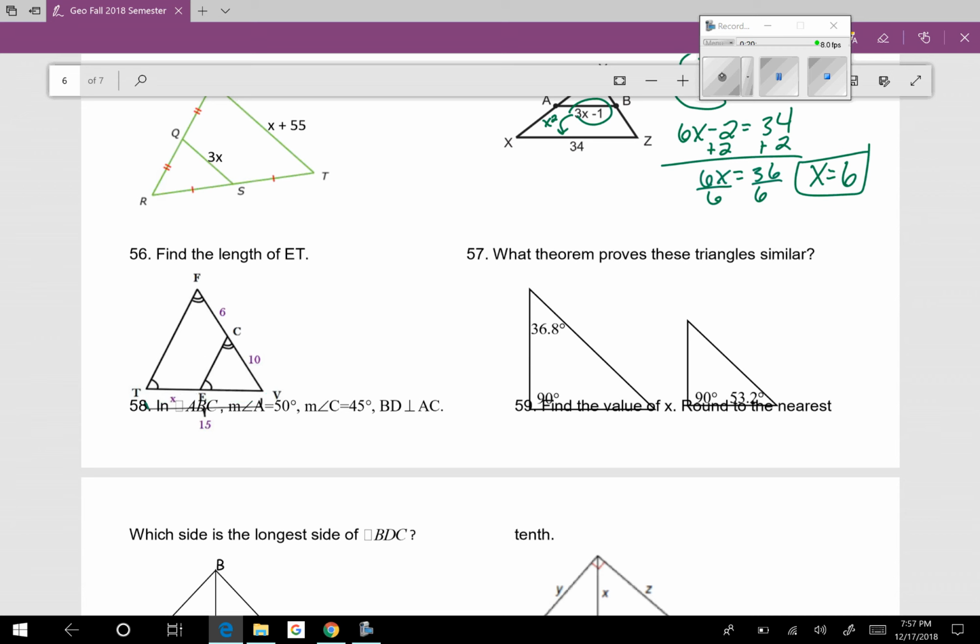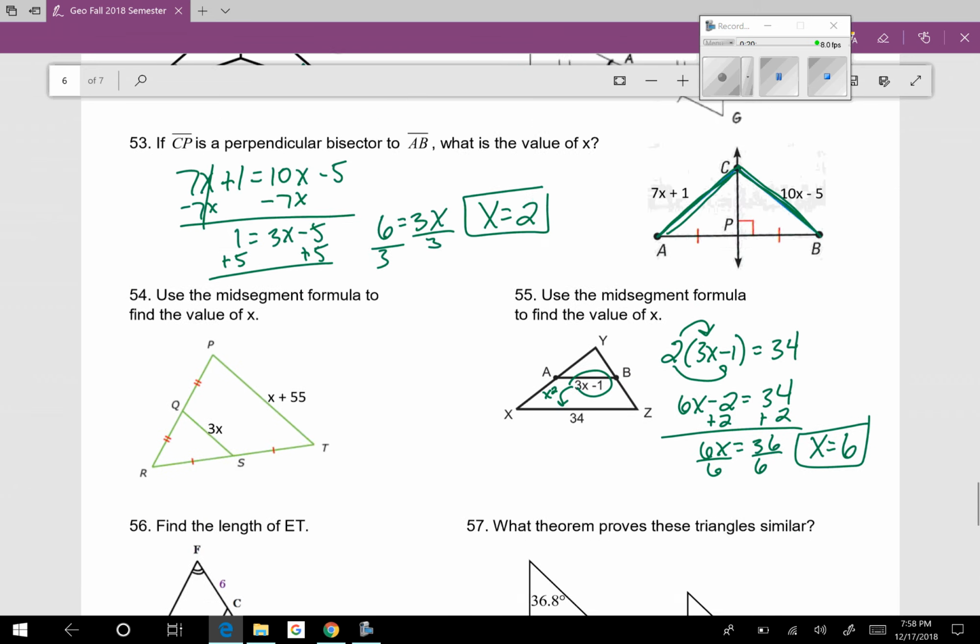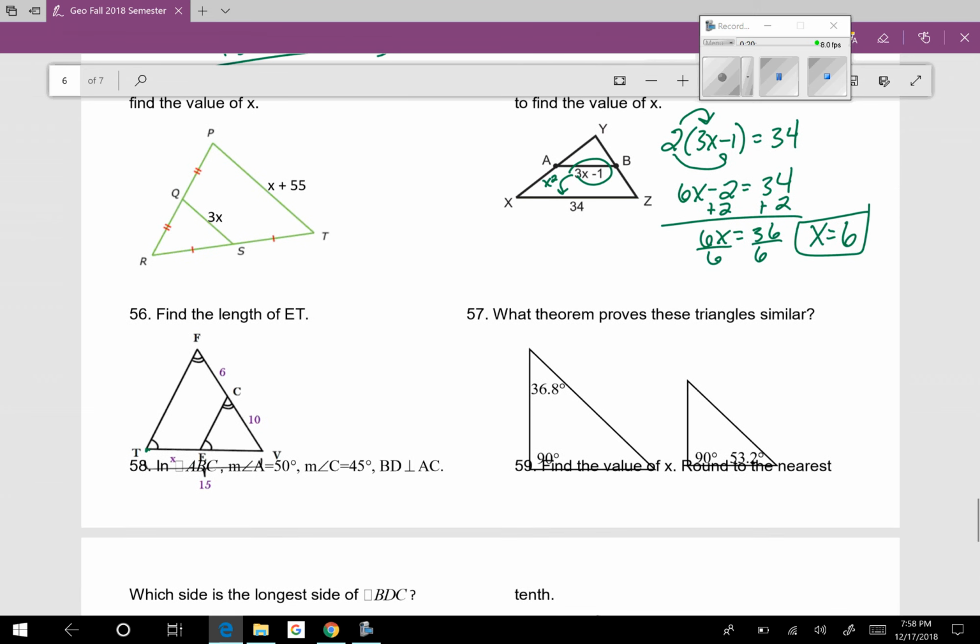There's a bracket right here. That 15 goes with this whole side, and the little x goes with just this portion. And this, in triangle ABC, the measure of angle A is 50, and all that stuff goes with question 58 down here. So we'll do 57.